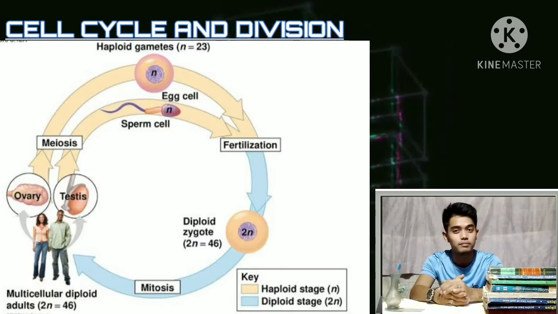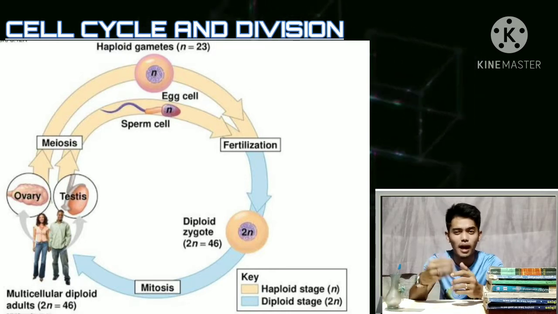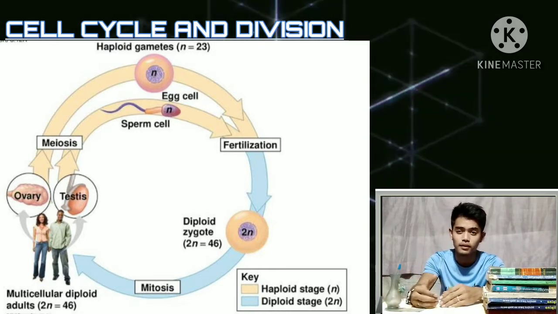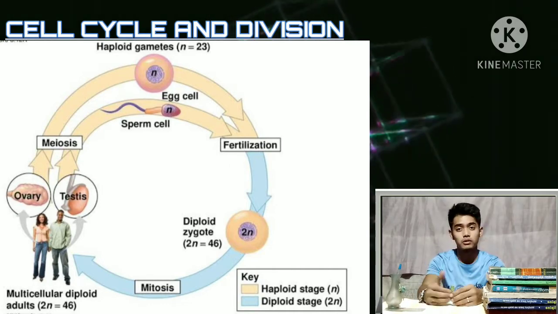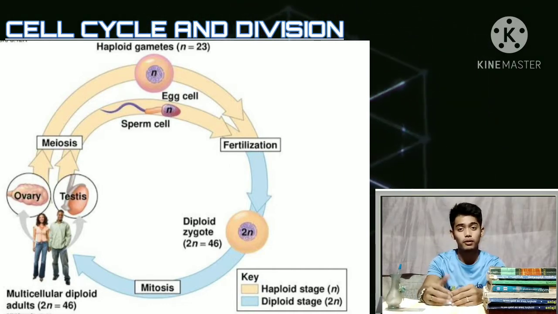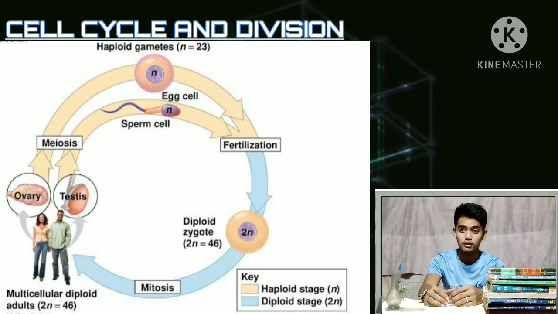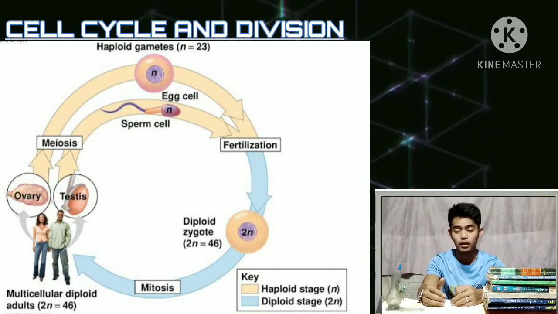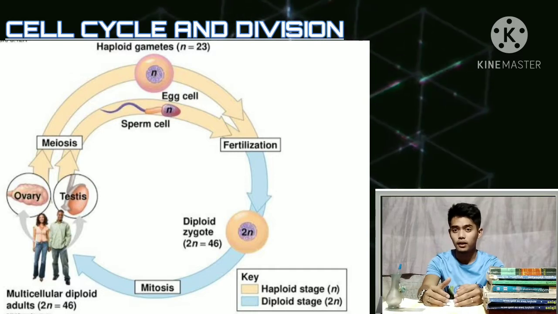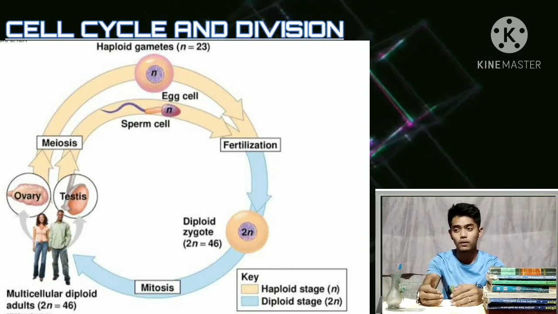So in meiosis, we are making haploid cells. It means half. We are producing sex cells, which have a single copy of each chromosome from the diploid cells. This process will continue over and over again.